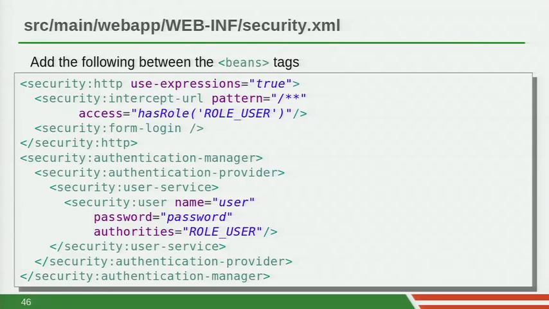And the very first thing that it does is it says that if any URL matches /**, I'm going to require the role user. So the current user must have role user. And /** matches everything, so basically every request will require role user. If the user is not logged in, then it's going to require the user to log in.